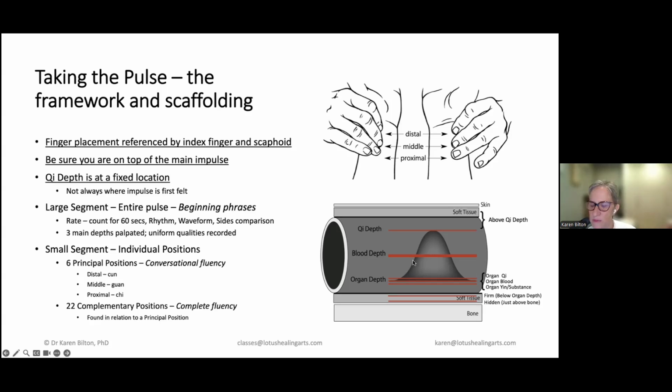If we have an impulse that's not making it up to the chi depth, if we get our fingers to where the chi depth is and we don't feel anything, and we're not really feeling something until somewhere down here, then we know that that's a situation of chi deficiency or chi yang deficiency, because there's not the energy to carry the wave to the chi depth.